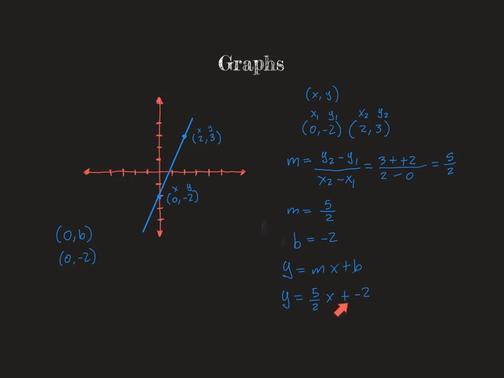Now, this part right here doesn't look nice, so I'm going to fix that. I'm going to rewrite it as y equals 5 over 2 x minus 2. And that will be your answer.